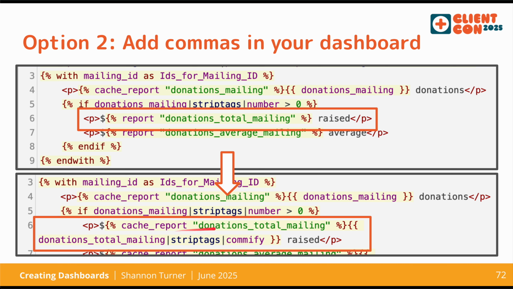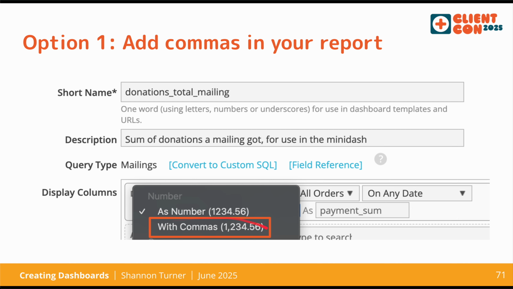And then I'll use the strip tags filter again to remove all the formatting. And finally ending it with Commafy to add commas in the thousands places. I like this option better because if I wanted to do any other math on this amount, this is easier than if I were to have converted it in the report itself.